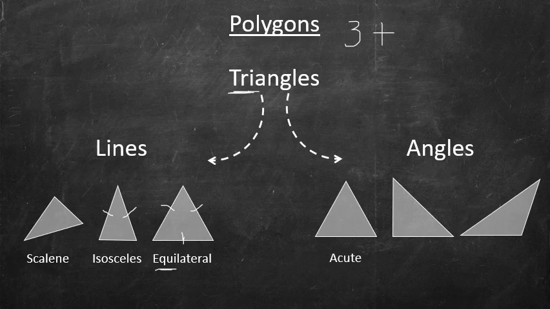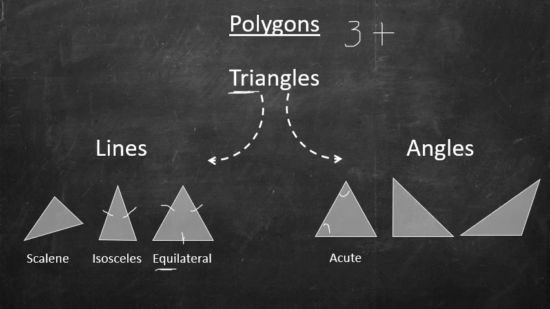The first triangle is an acute triangle. And remember, anything that is acute measures less than 90 degrees. So if we look at the angles that this triangle makes, we know that it's acute because all of the angles are acute angles. Okay?